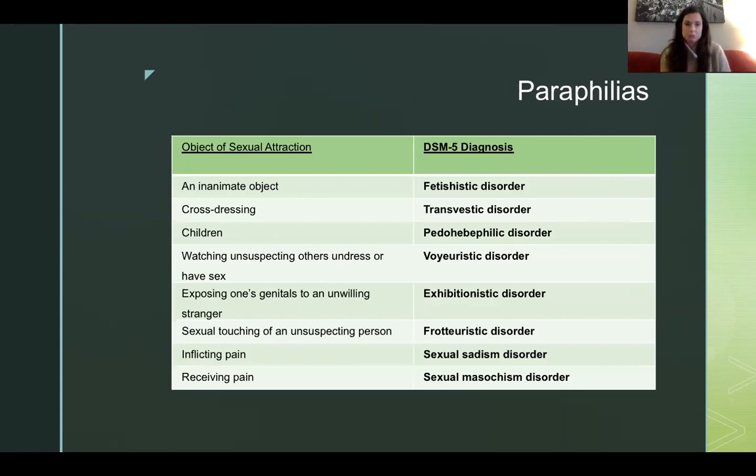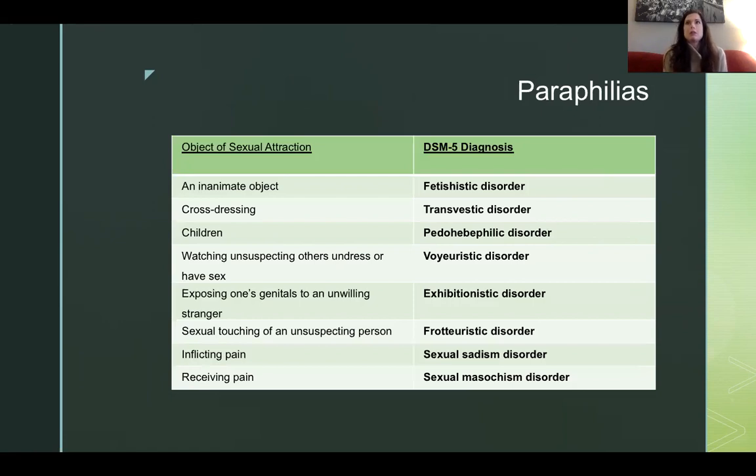And then there's sexual touching of an unsuspecting person, and that's frotteuristic disorder. So that would be like anyone touching someone's private parts on a public bus, or touching people without any consent at all. And then there's sexual sadism disorder, which is inflicting pain, and sexual masochism disorder, which is receiving pain.